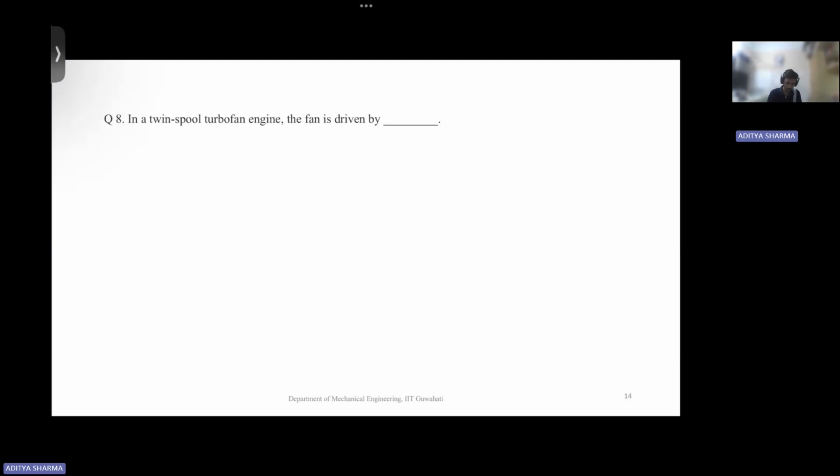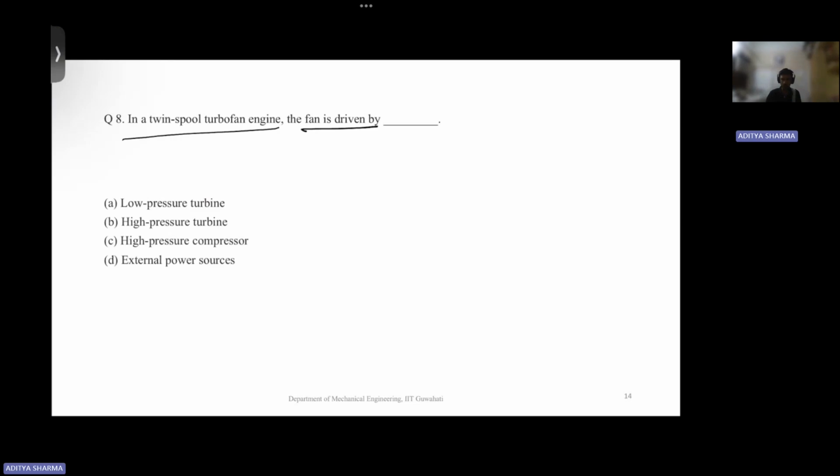So in a twin spool turbofan engine, the fan is driven by, four options have been given: low pressure turbine, high pressure turbine, high pressure compressor, external power sources. First of all, it will be driven by some turbine.